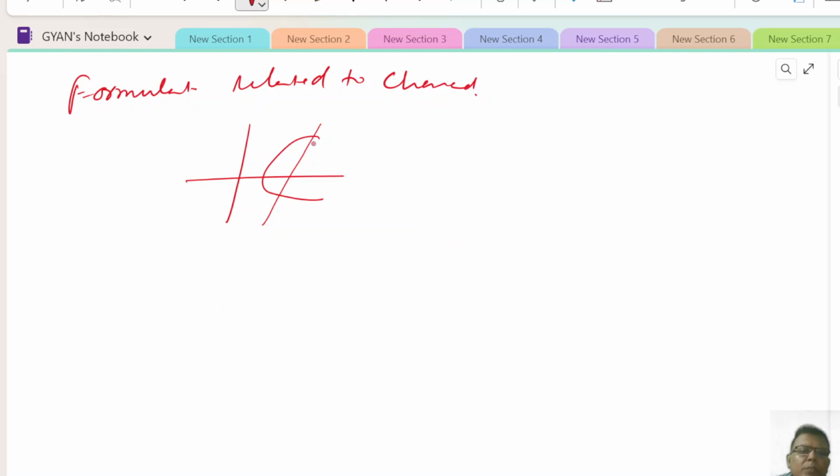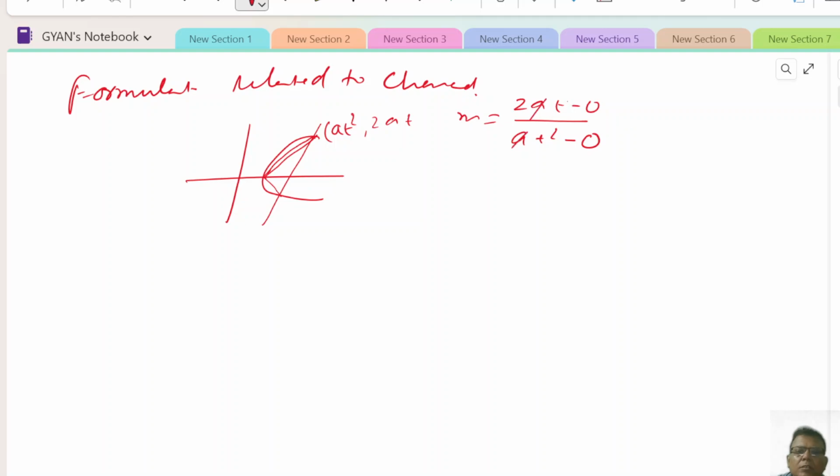So suppose this point is at square comma 2at. Then the slope m will be 2at minus 0 divided by at square minus 0.